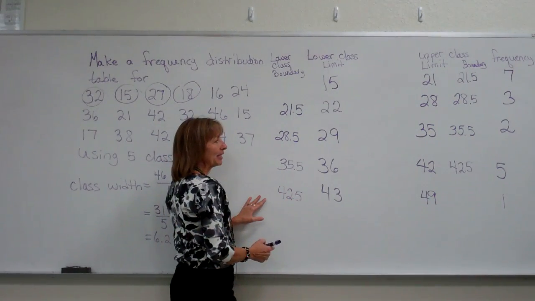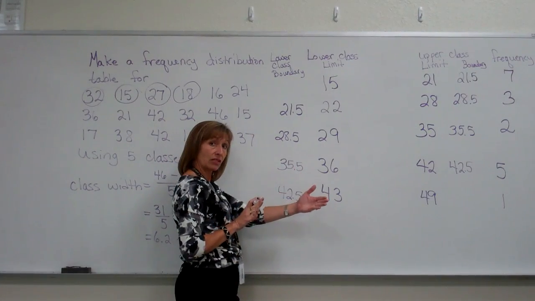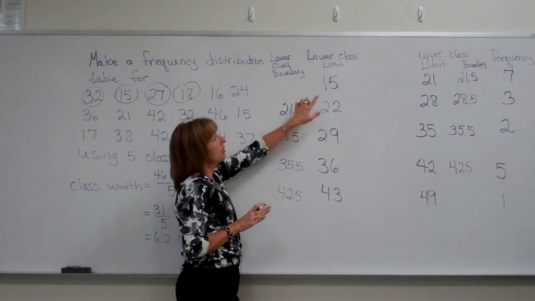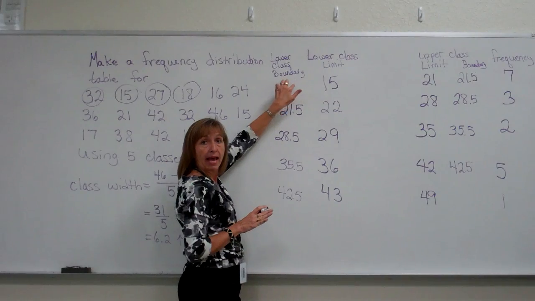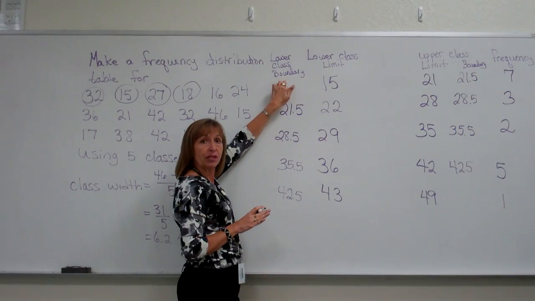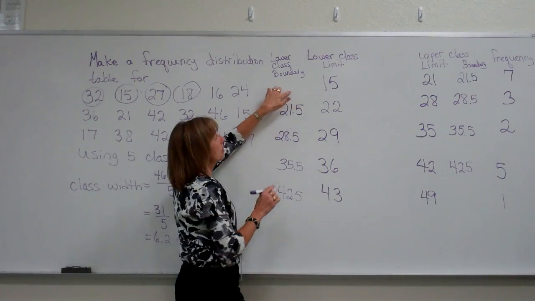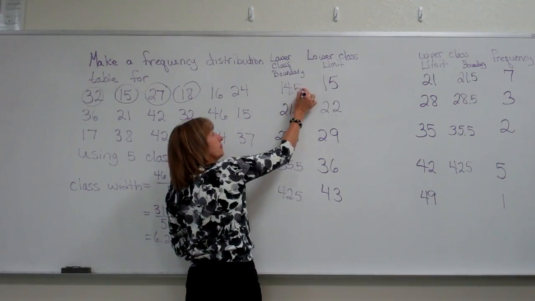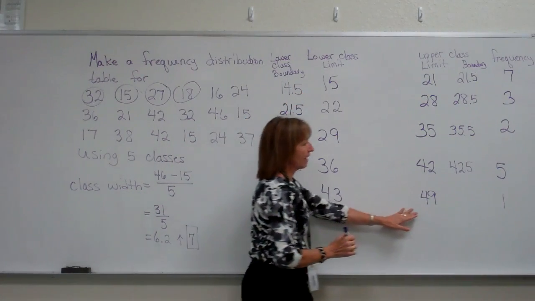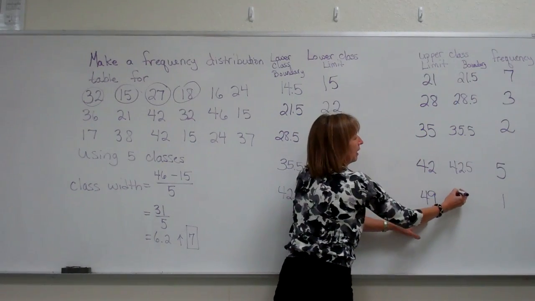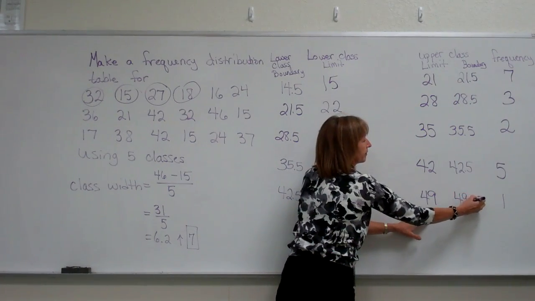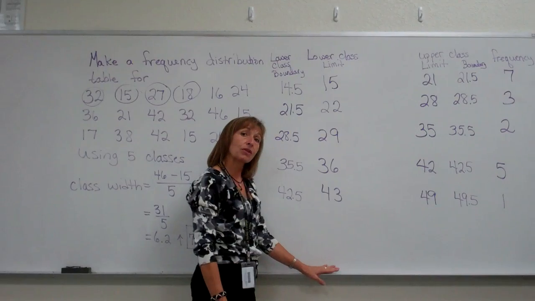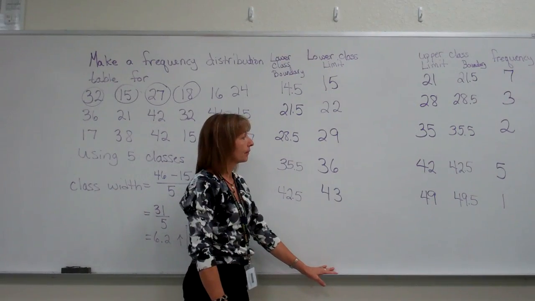The last thing we need to do is make sure that the spans are all equally wide. So we would need to go down a half on our first class, which will have a lower class boundary of 14.5. And the last class will have an upper class boundary of 49.5. So that's another way to denote your classes.